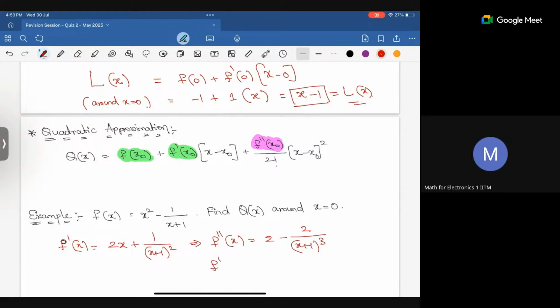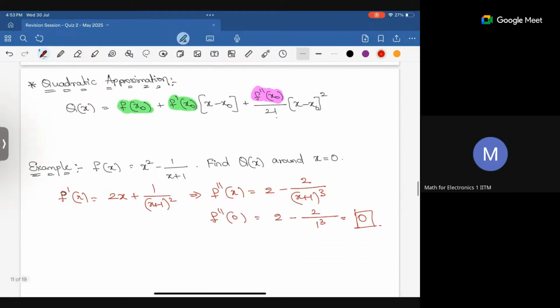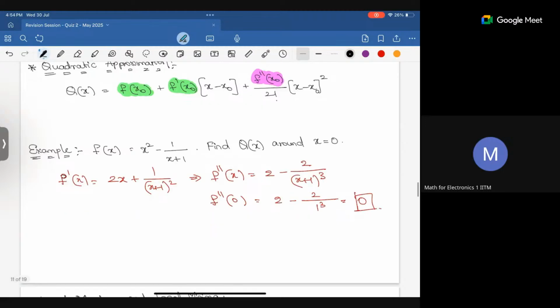Once we have this, we need f double prime of 0, which is 2 minus 2 by 1 cube, which is 2 minus 2, which will be 0. So that means, once we have 0, even the quadratic approximation is the same as the linear approximation in this particular example.